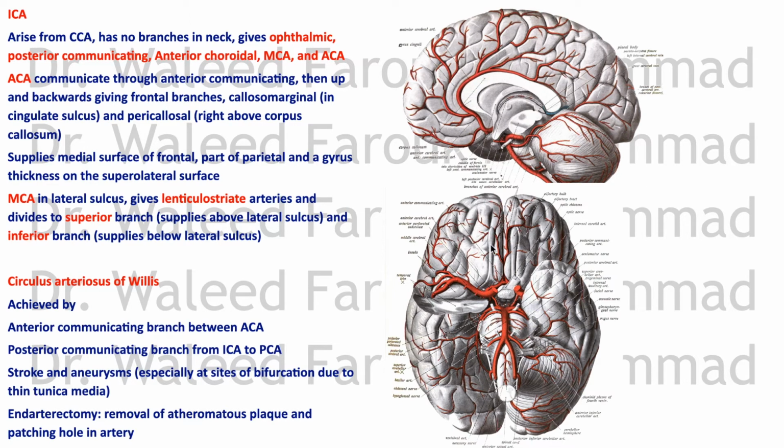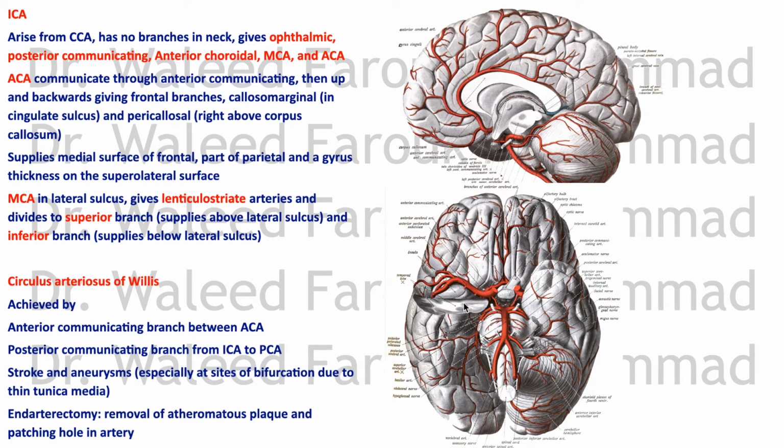Now the middle cerebral artery, the other terminal branch, goes lateral, deep in the lateral sulcus, and gives arteries to supply deeper structures, the basal ganglia and the lentiform nucleus and the corpus striatum, so they are called lenticulostriate arteries.